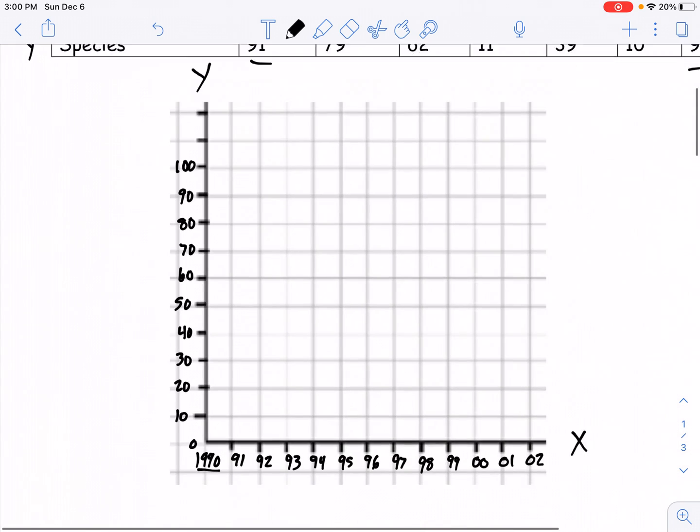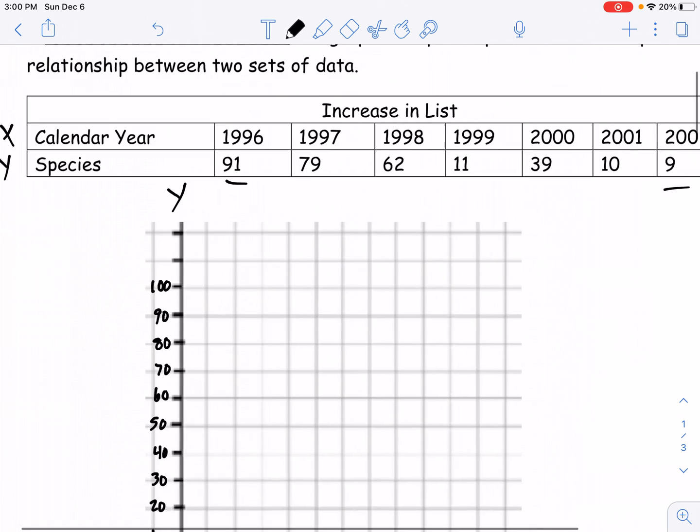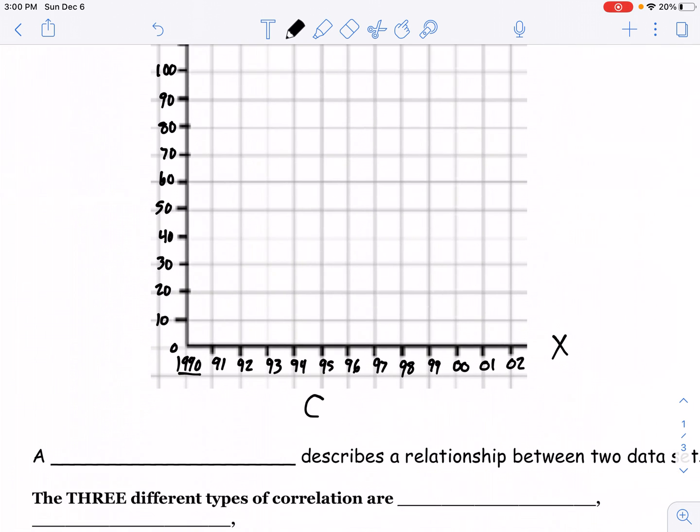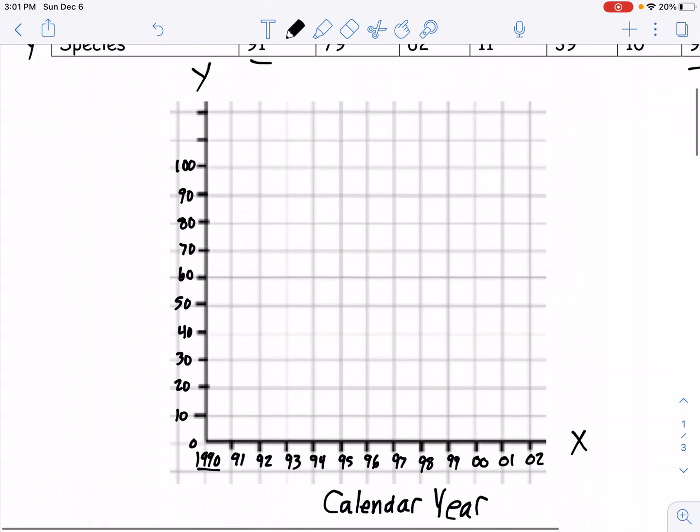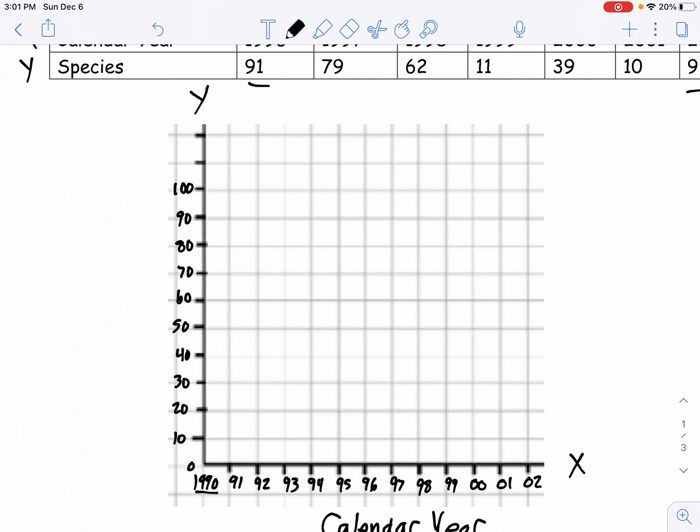Then again, our x-axis is represented by the calendar year, and our y-axis represents our species.